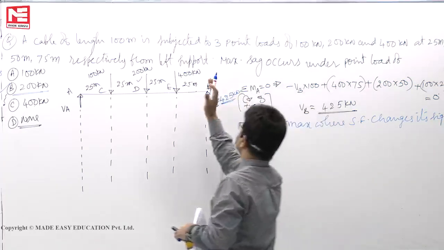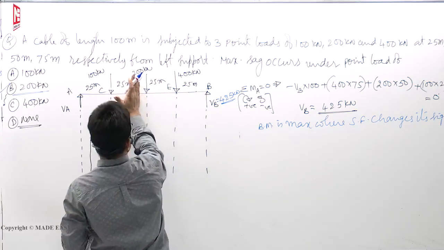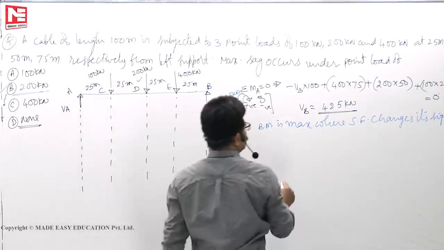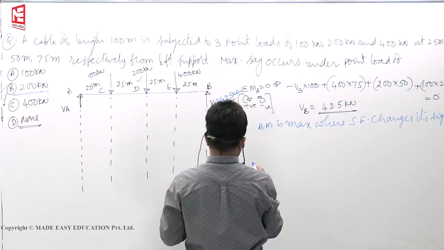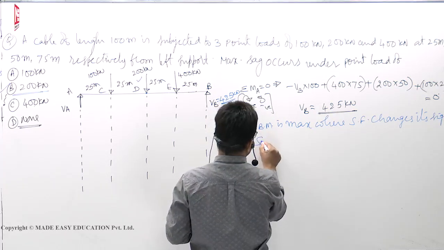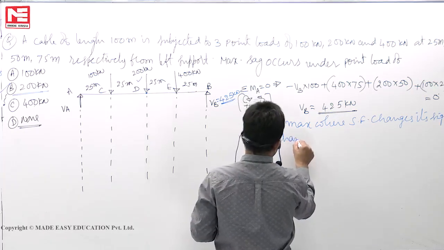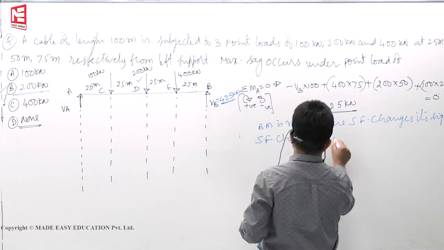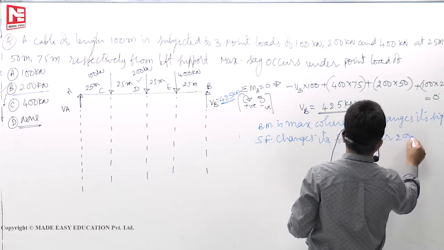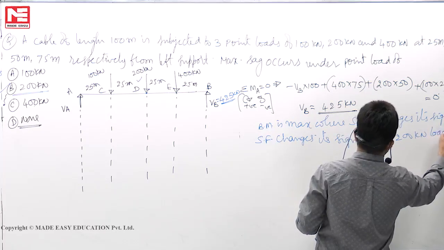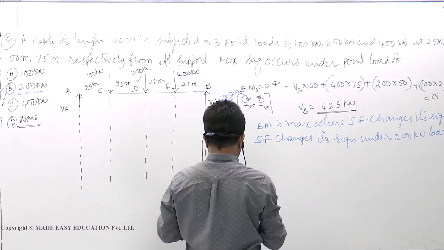As I explained, you have to travel minus 425, minus 25, here plus 175 at D. So, shear force changes its sign under 200 kilonewton load.